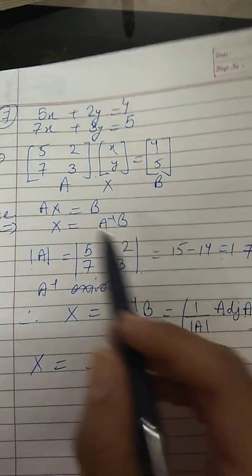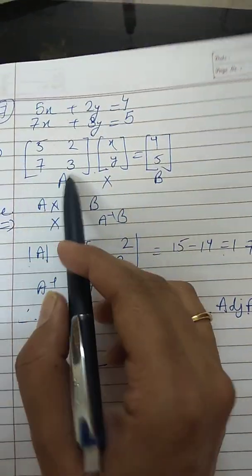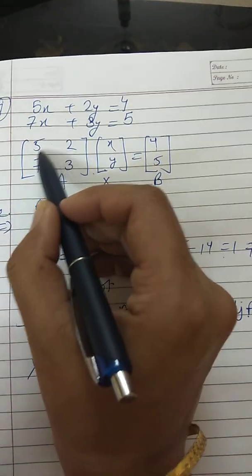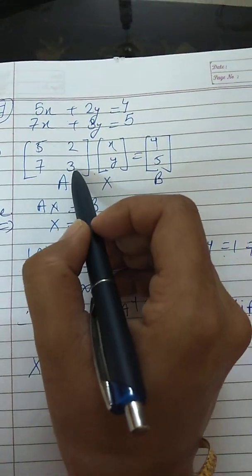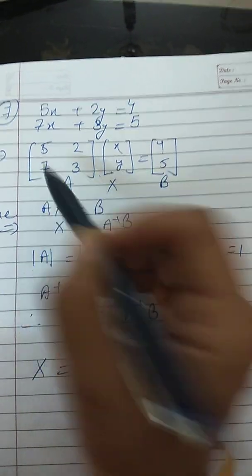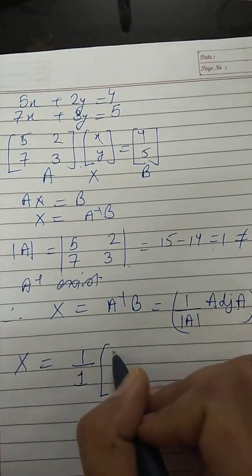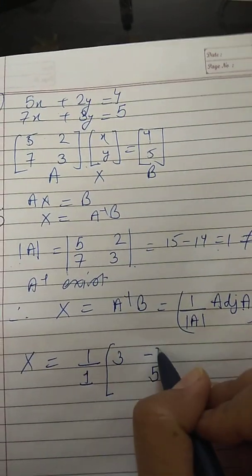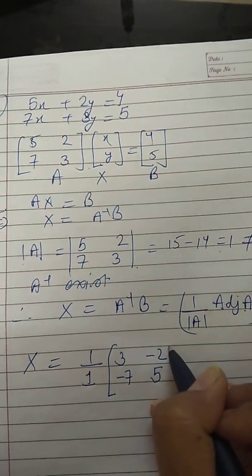Adjoint A, if you remember, whenever the matrix is of order 2, how do we find the adjoint? These two elements will change their place, means they will get interchanged, and for these two elements only the sign will change. So here will come 3, 5 will come at the place 2, 2. This will become minus 2 and minus 7.